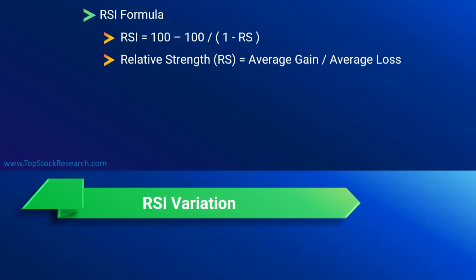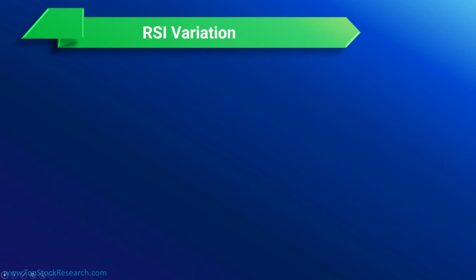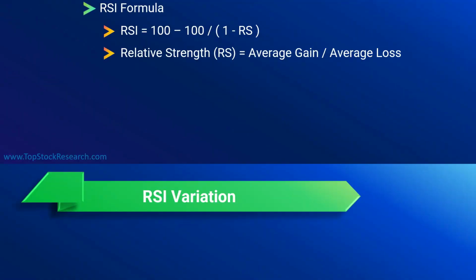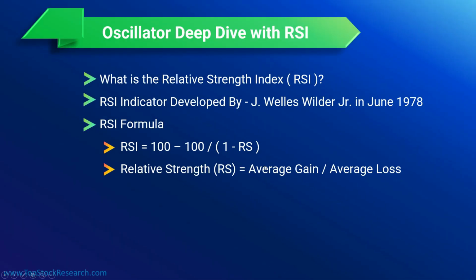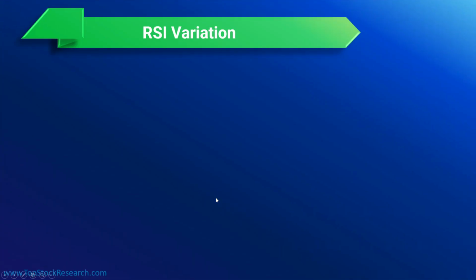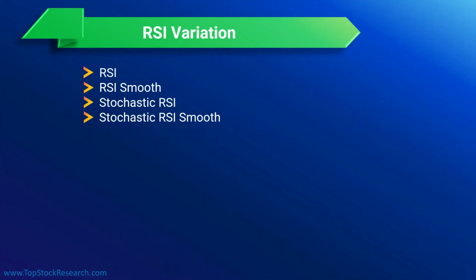Now, there are a lot of variations in RSI. As we see in the formula here, it says average gain, average loss, and so on. The averages can vary. There can be a simple moving average, an exponential, a Wilder moving average, and so on. Accordingly, the implementation or value of RSI differs across platforms.